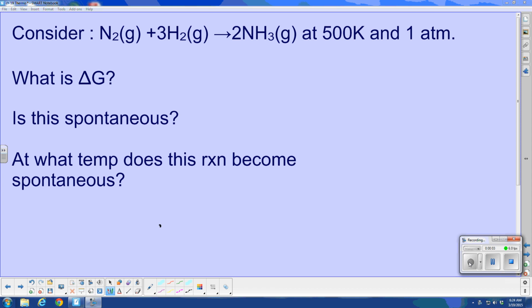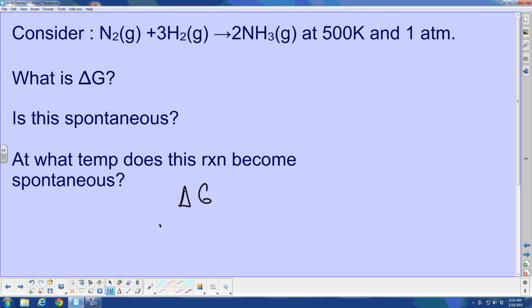Well, welcome back, ladies and gentlemen, and we are talking about thermodynamics and Gibbs free energy. Just to give us a little review, Gibbs free energy lets us know something about spontaneity.